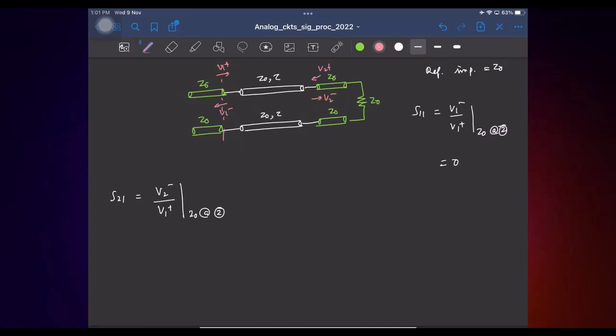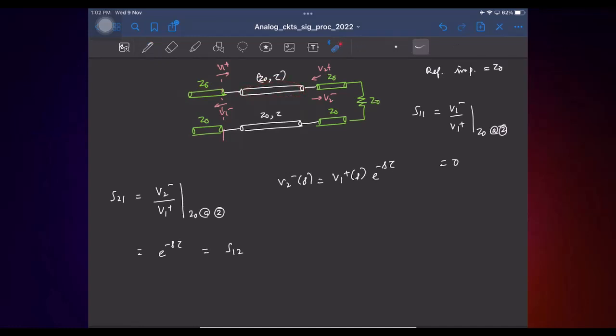It's a delayed version. So now we'll have to do it in frequency domain, right? So V2 minus of s is times e to the power minus s tau. So this is S21. S21 is e power minus s tau. That will be same as S12, right? Because again, it's a transmission line, it has only L's and C's.